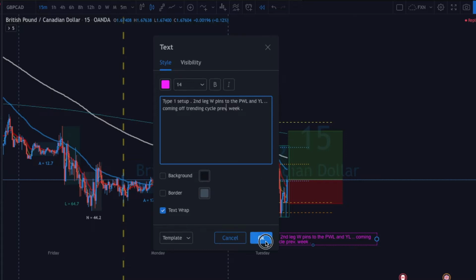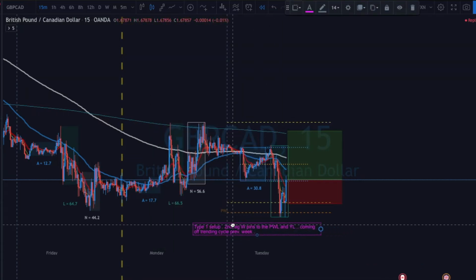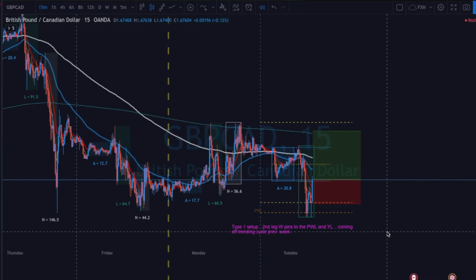Something like that you can put here. That way, when you look back at your screenshot, you know what you were thinking at this time. The more details that you put, the better it's going to be for you.